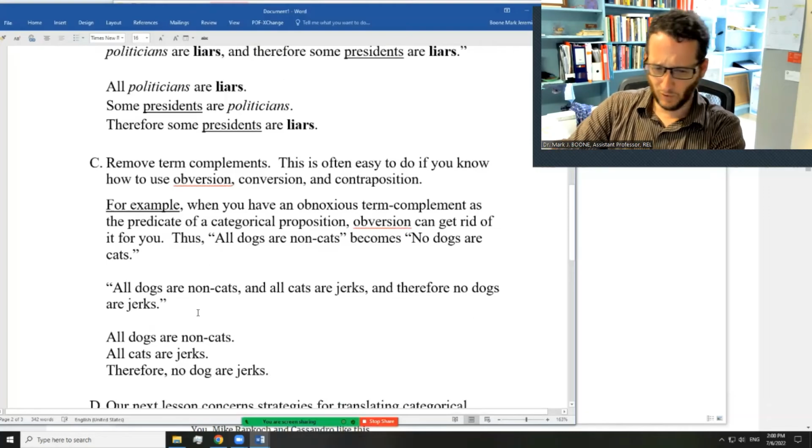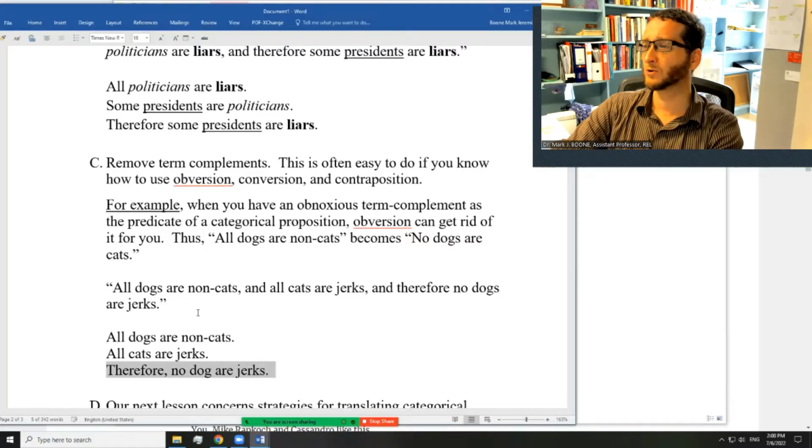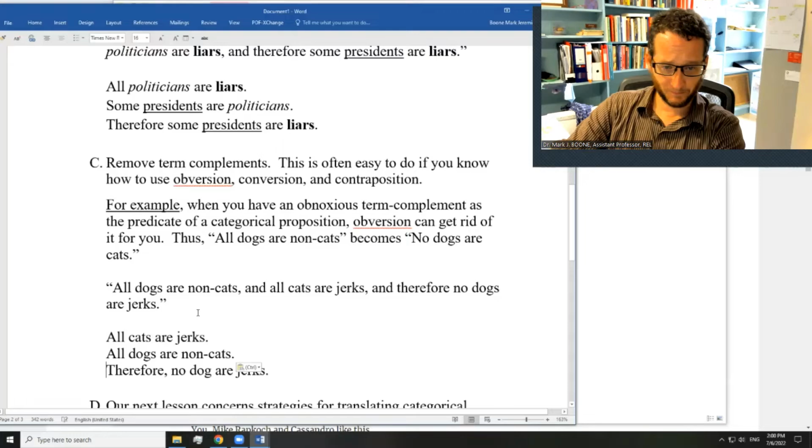Now, I want to make sure it's in standard form. I want to make sure the ordering of the propositions is right. I'm going to do that next. It turns out it's easy. You only need a moment to observe the minor term, the first one in the conclusion, and that means the premise with that term that's first in the conclusion should be the second premise. The second term in the conclusion, the last term in the entire argument, should occur in the first premise.